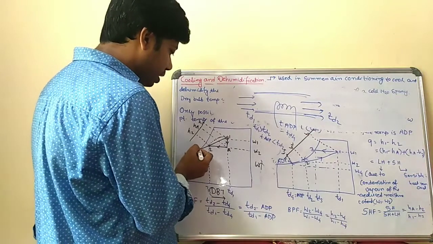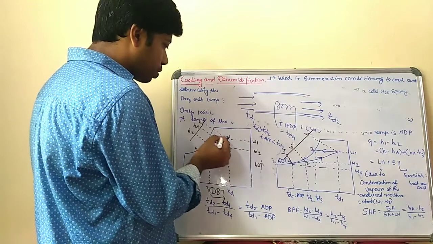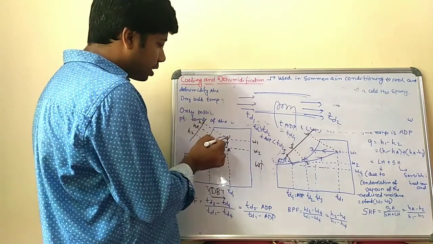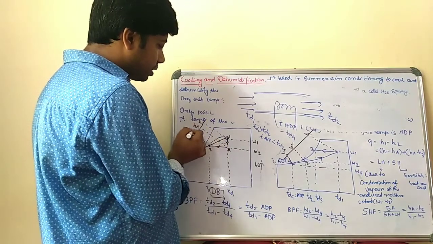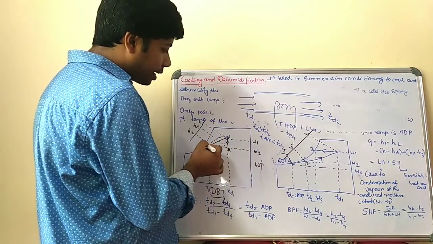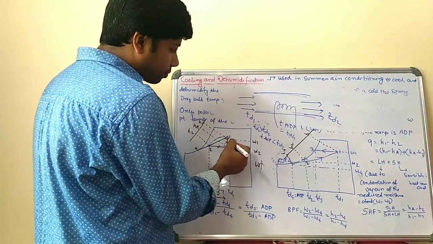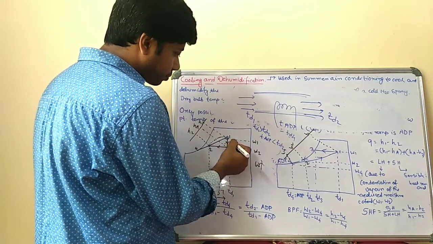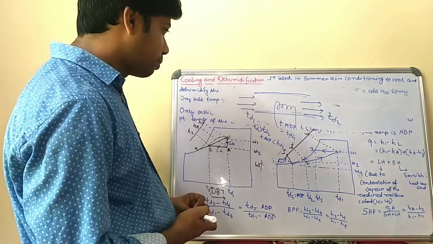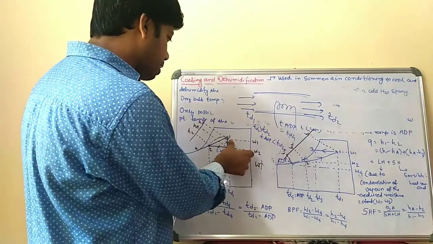If you select this temperature, that is TD4, and if you know the enthalpy values, that is H1 here, this point is HA, this is H2. So this process is done by 1 to A and A to 2, because this is the sensible heat part, and this is the latent heat part.